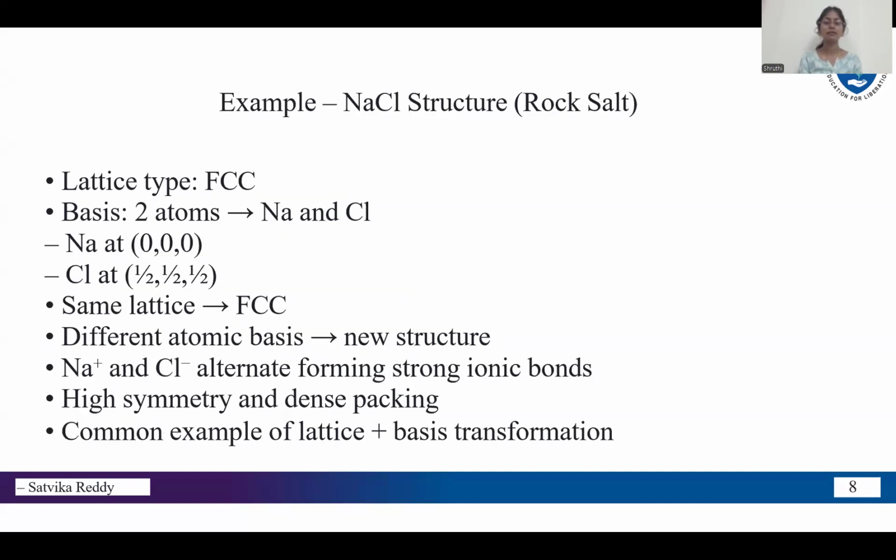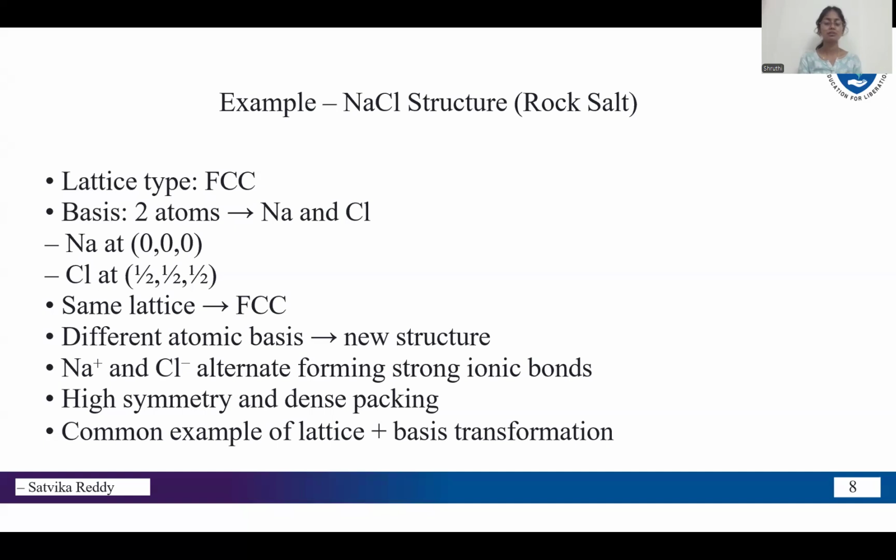Second example is the NaCl structure, also called rock salt. Lattice type: FCC. Basis: Na at 0, 0, 0 and Cl at 1/2, 1/2, 1/2. So the NaCl crystal equals an FCC lattice decorated with a two-atom basis.